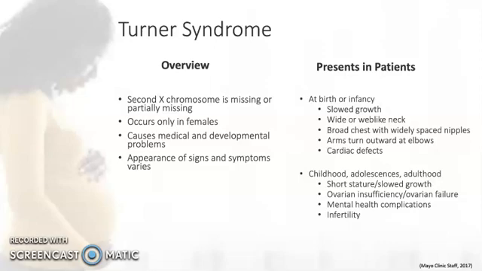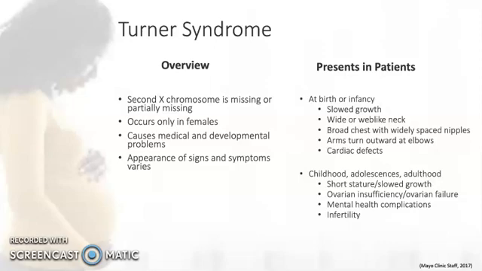At birth or infancy, slowed growth, a wide or web-like neck, a broad chest with widely spaced nipples, arms that turn outward at the elbows, and cardiac defects are really prominent signs that the child may have Turner syndrome.